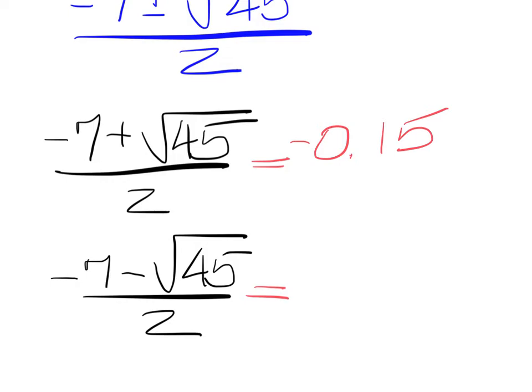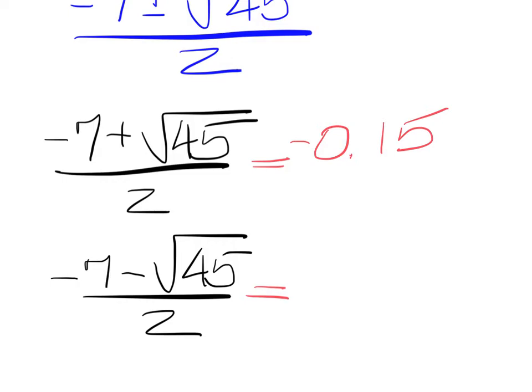If you put in negative 7 plus the square root of 45 divided by 2 all on one line on your calculator, chances are you may not get the right answer because your calculator could do the order of operations. Therefore, hit enter after the square root of 45, then hit divide by 2, and you will get the answer that you see on the screen.